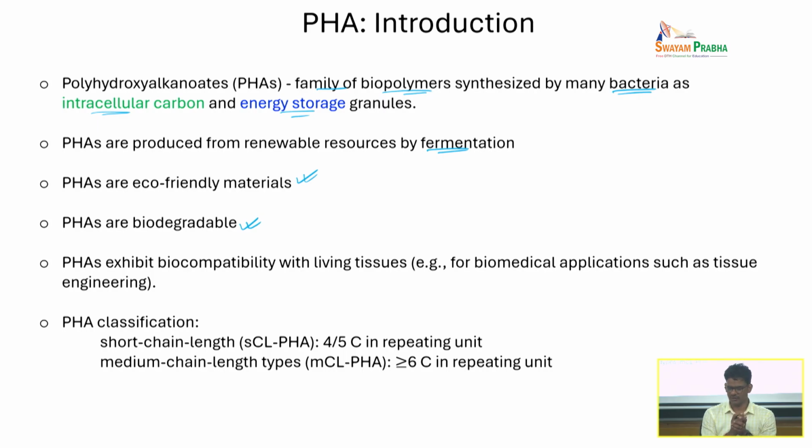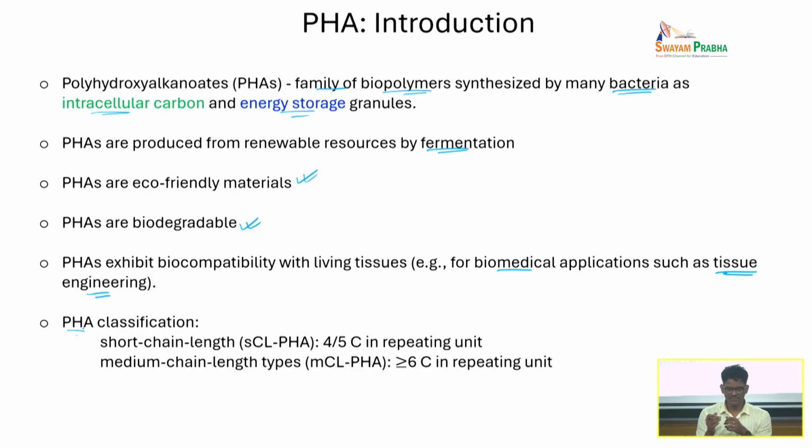So it's very good for biomedical applications such as tissue engineering and scaffolding. In the past, we have looked at other biopolymers like chitin, chitosan, pectin, and hyaluronic acid and so on, used in biomedical applications. So in that light, PHA is also very useful in biomedical applications.